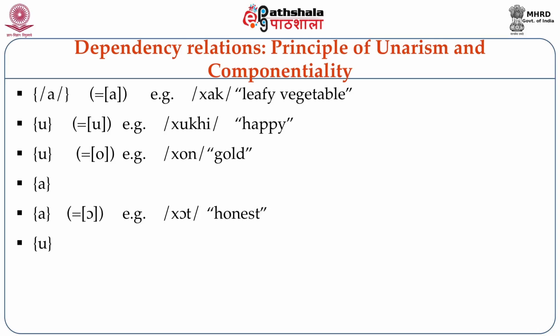If you say hak, A is there; if you say huki, U is there, a prime constant. But if you say hun, there's a kind of O, then U dominates A. This is roundness dominating A. That's how we get this vowel. And in hot, the O, A dominates U, then we get this kind of vowel.